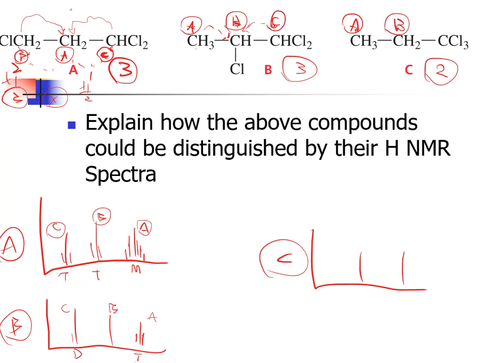Now let's take a look for our signal B for B. So to the left-hand side, I've got 3 protons. So 3 plus 1 is going to be a 4. And then to the right-hand side, I've got 1 proton. So 1 plus 1 is going to be a 2.